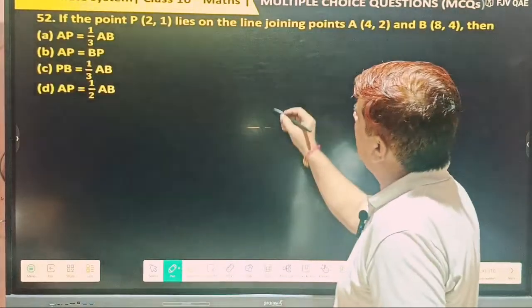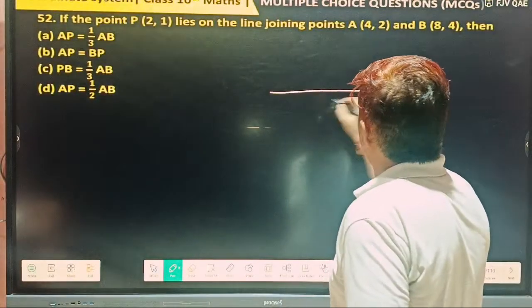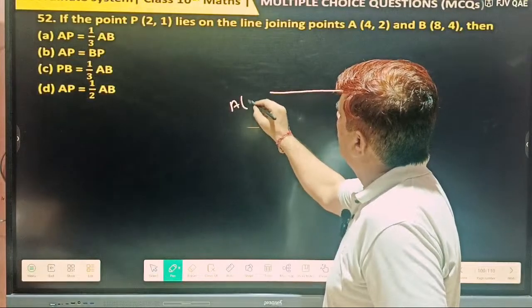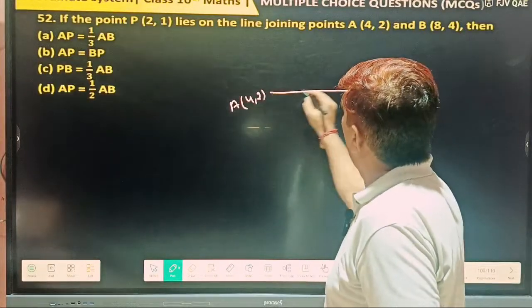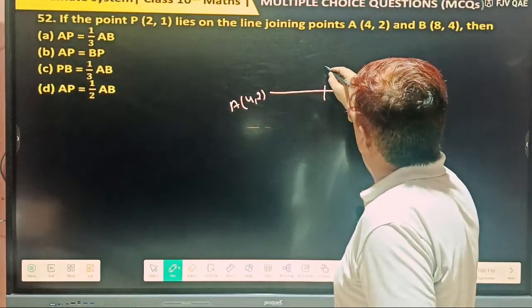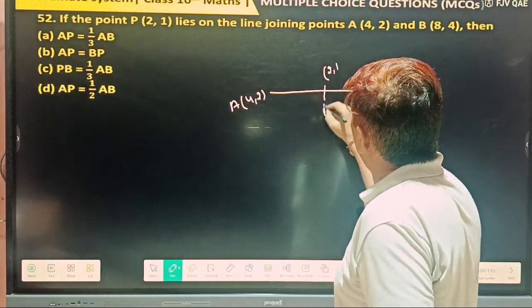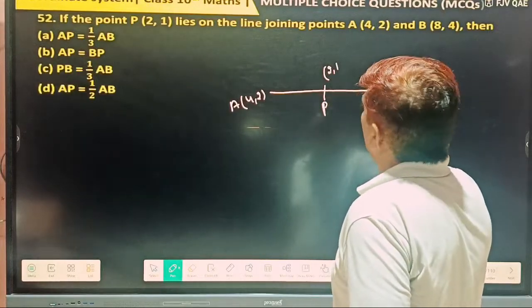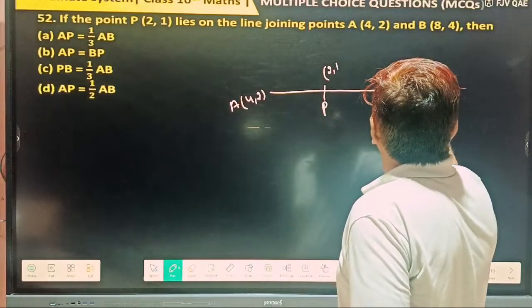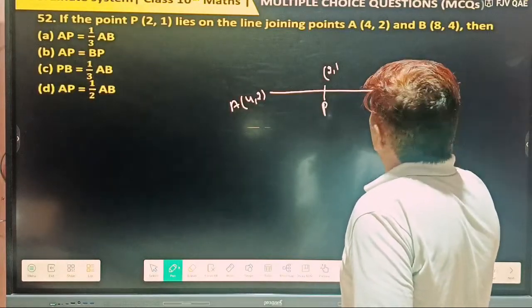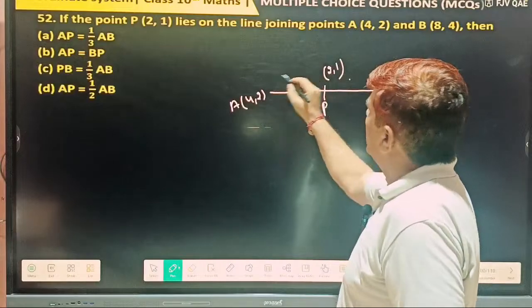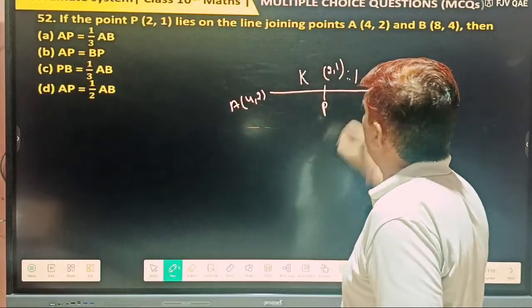If a point P lies on this, A equals (4, 2), P is a point whose coordinates are 2 and 1, and this is B whose coordinates are 8 and 4. So we have to find this K raised to 1 we are saying.